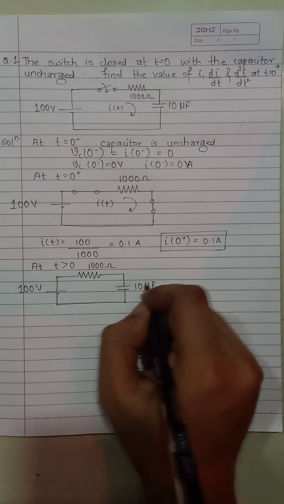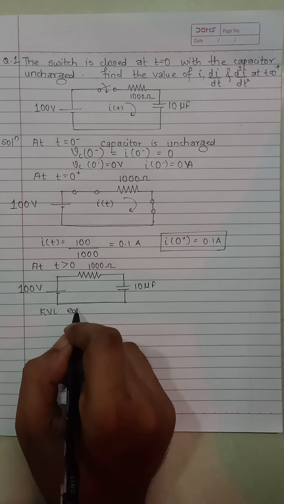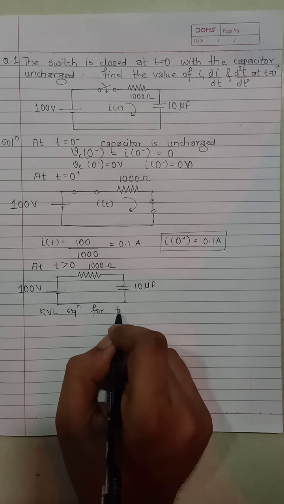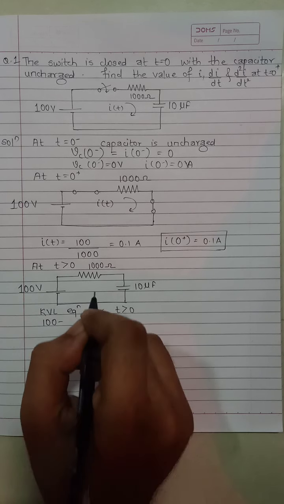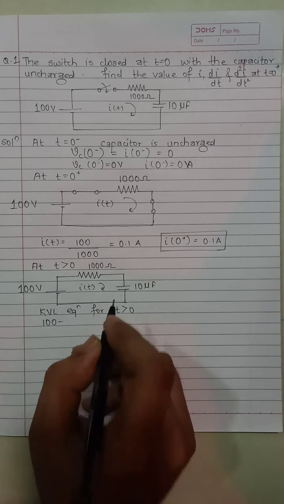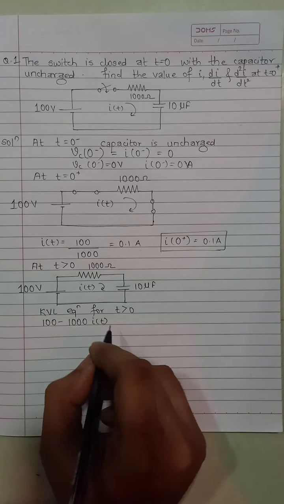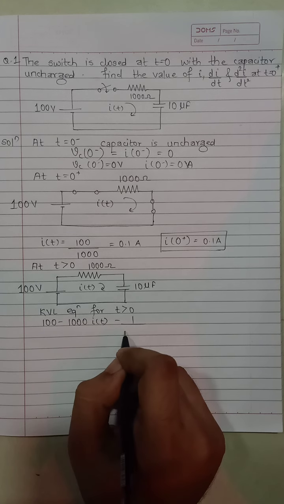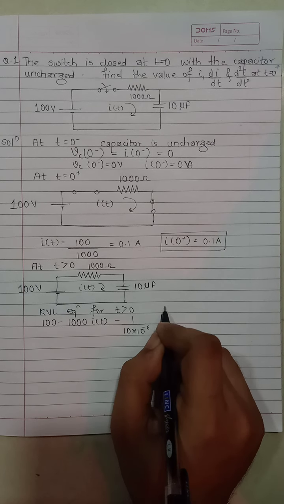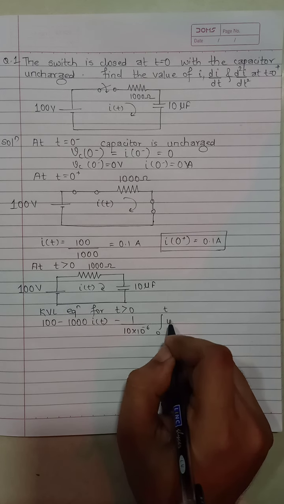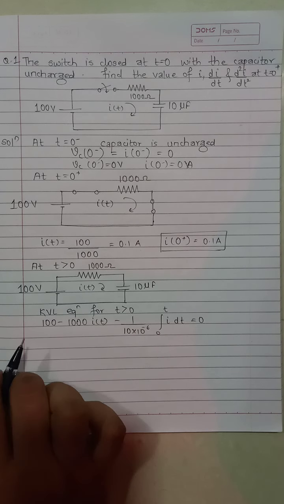Now for this I'll apply the KVL equation for time t greater than 0. That will be 100, current flowing is again i of t, minus 1000 i of t, minus 1 upon 10 into 10 raised to minus 6, integral 0 to t of i dt, equals 0.